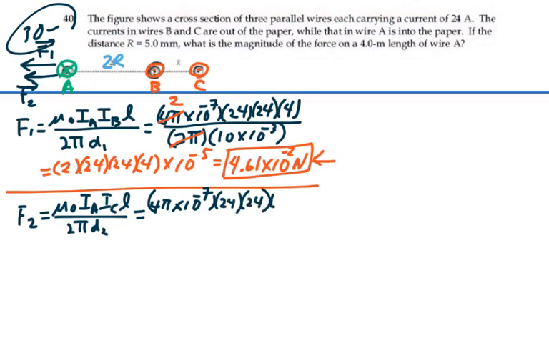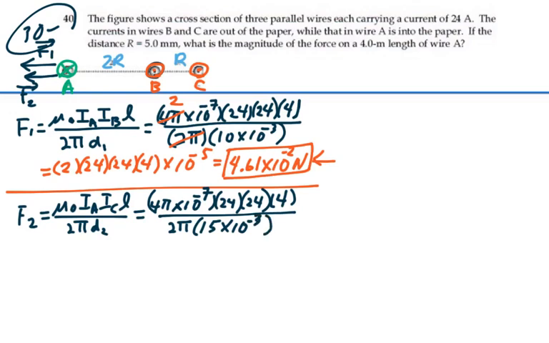Length of wire A is 4 meters, all over 2 pi. Now the distance between them is actually 3r, because we have a 2r plus another r, 3r, which is going to be 15 millimeters. So this would be 15 times 10 to the minus 3.